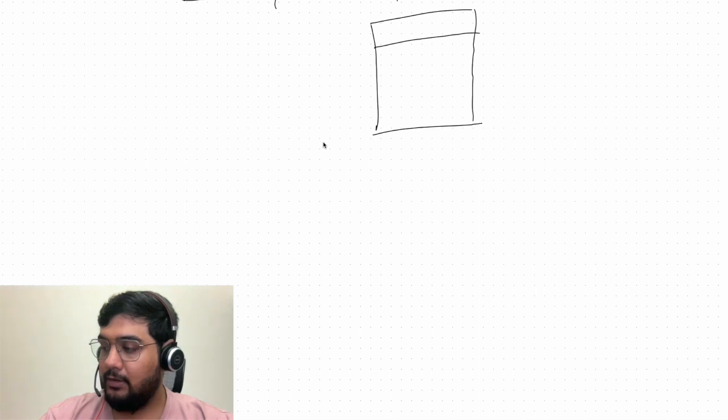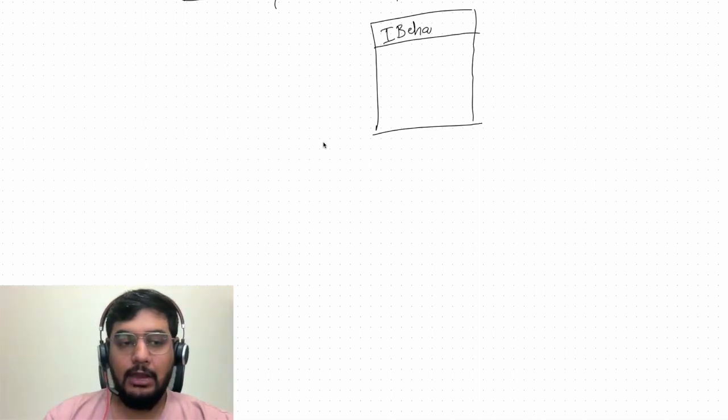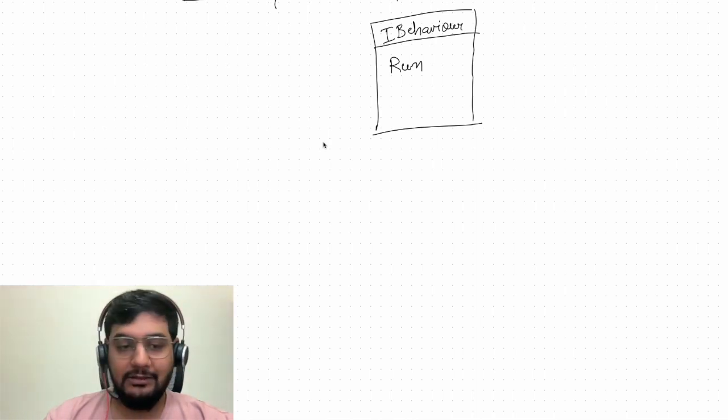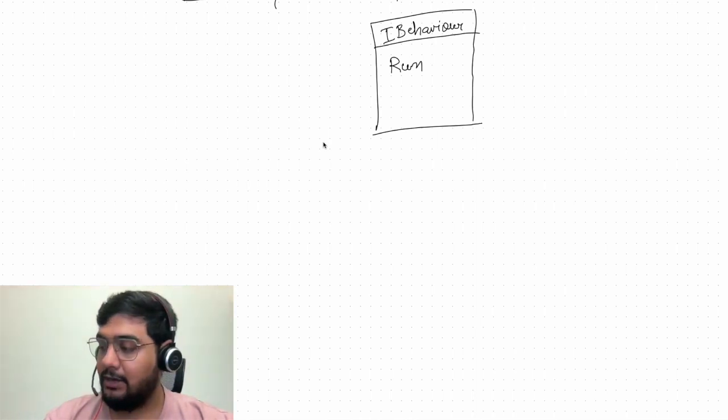When I am denoting something with I, that means it is an interface. I have an IBehavior, and it has a run object. Okay, and let's say there are two kinds of implementation or two kinds of behavior present for this run function.